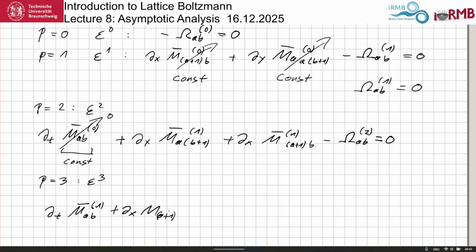We always count up the moments with the spatial derivatives, yeah? Very important. So this will be second order dy m a b plus 1 second order minus omega ab third order is equal to 0.